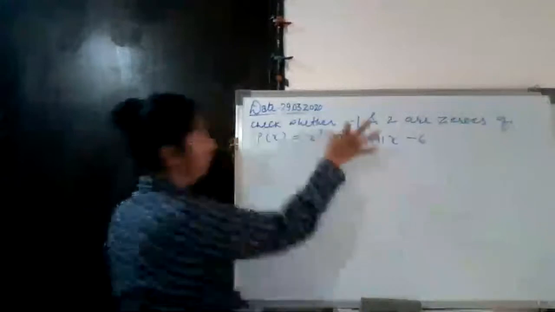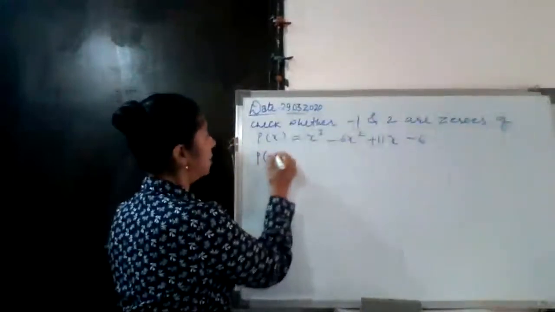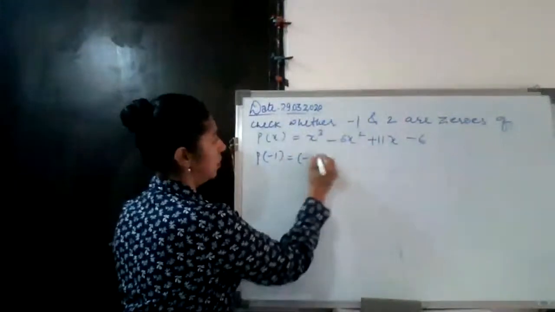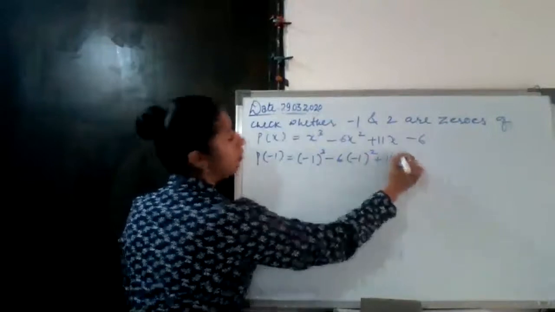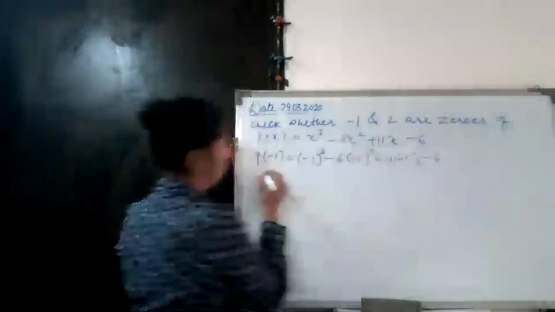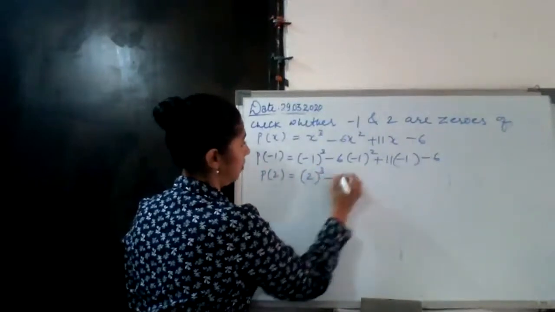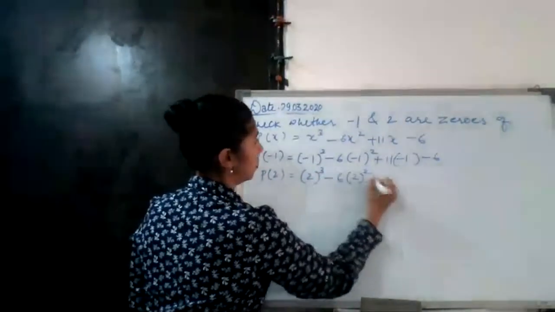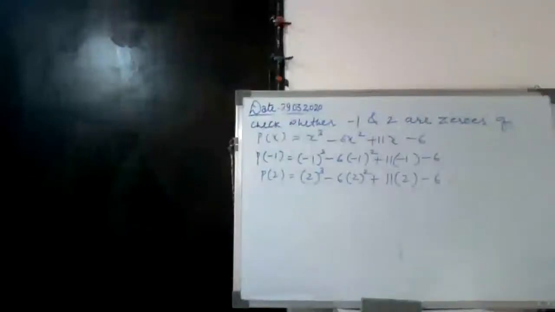So we'll try that. Now it is minus 1. So p of minus 1. What is the answer here? Try it please. And what is p of 2? Try it. Yes, what is p of minus 1 and what is p of 2?